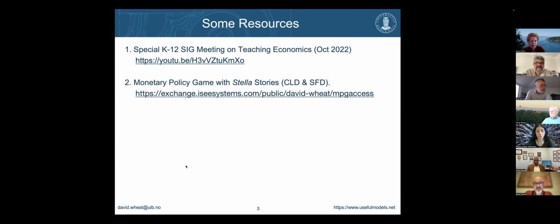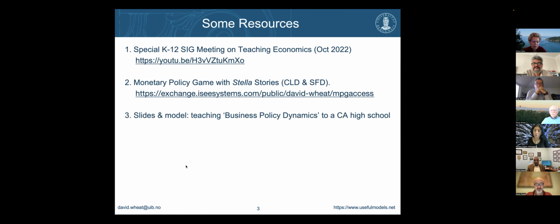And so students can play with that, and then there can be a debriefing time and talk about the mental model of how the system was working behind the scenes in that game. And then you can reveal the model to them that's actually driving the behavior, and that they're responding to and playing the role of the chair of the central bank. So that's available online, and I can provide the actual model if someone is interested.